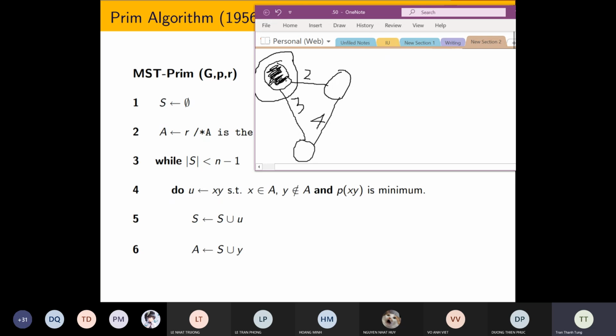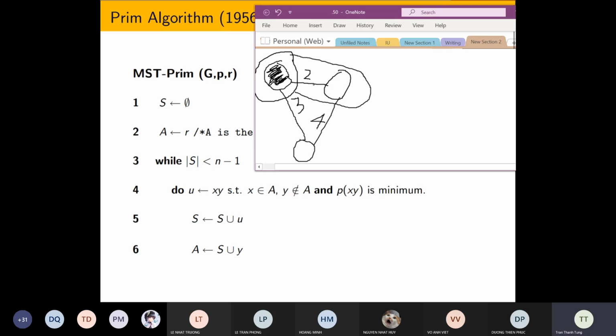Now from this edge we can go two ways, and for all of the edges like that, starting from this one and going to another, we take the one with the minimum value. This means here we have two edges from the set, 2 and 3, so we take 2, and we put it here.